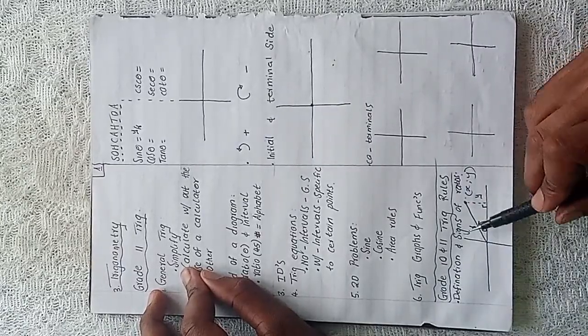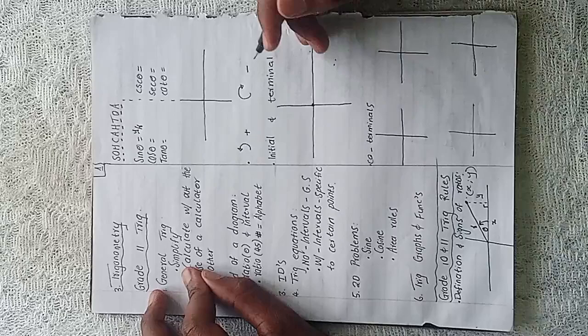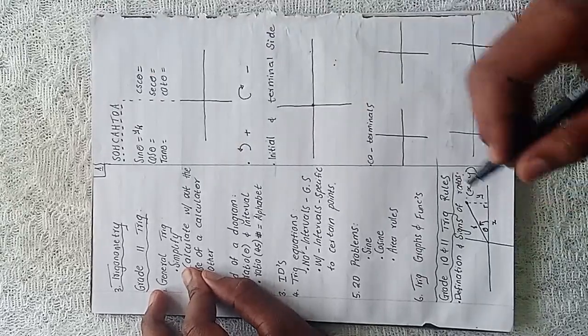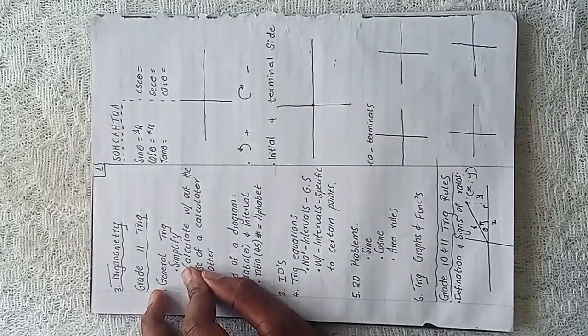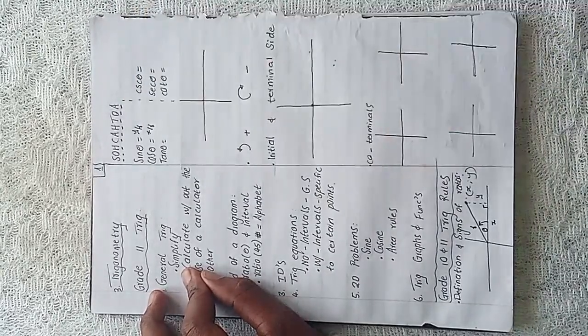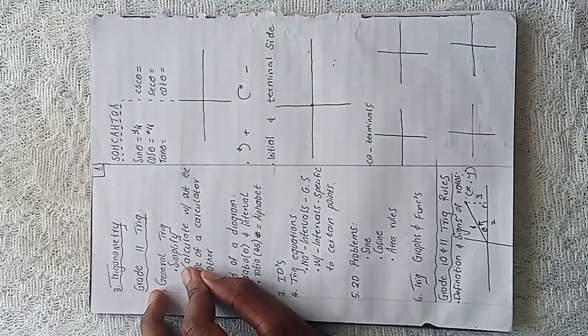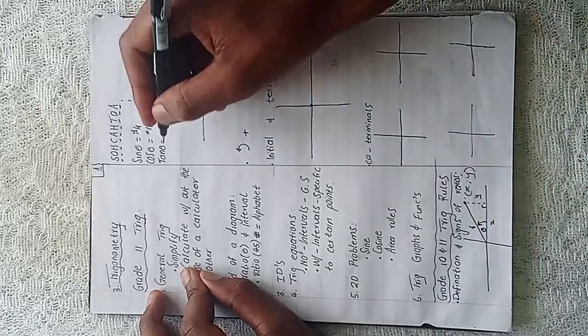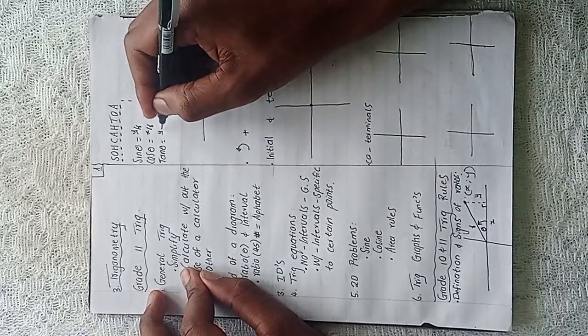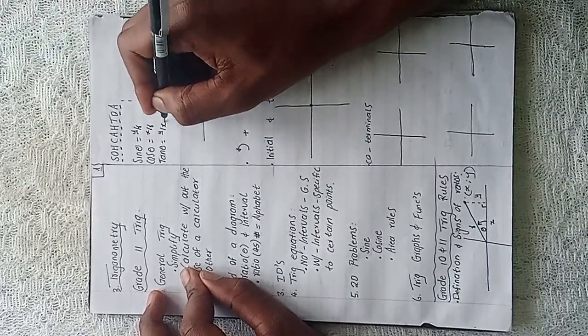So it's opposite over hypotenuse. And then cos theta is adjacent over hypotenuse, which in this case is x over r, our radius. Tangent, tan theta, is opposite over adjacent. So opposite is y, adjacent is x.